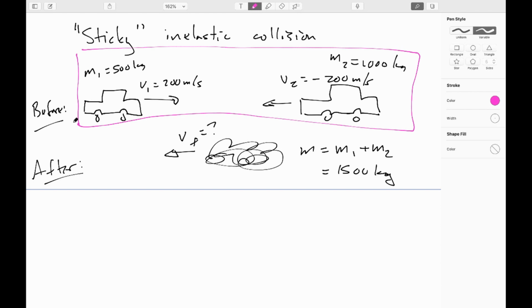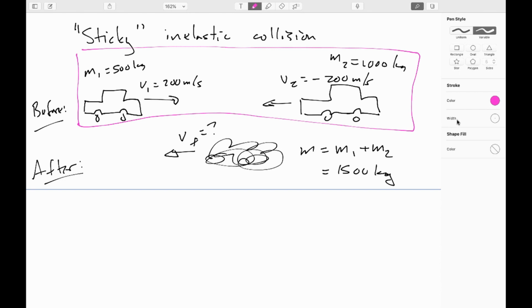Next question, is it isolated? Well, there is a normal force in gravity acting on each car, but because the surface is horizontal, the normal force and the gravity are equal and opposite, so it all adds up to 0. So yes, the net external forces on the system add up to 0.